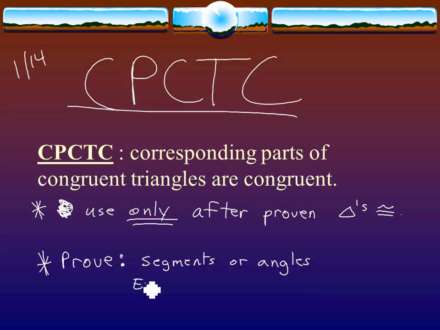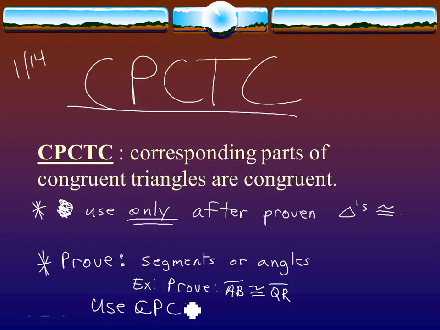So an example, if it said prove segment AB is congruent to segment QR, if it said that, then you must use CPCTC in your two-column proof. All right? I know that probably doesn't make a whole lot of sense, but I'm going to explain it a little more here in a second.